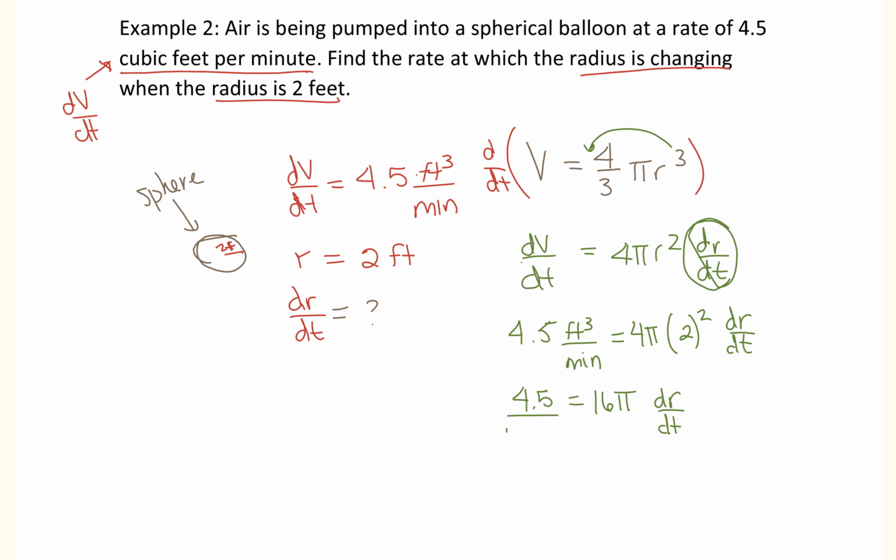I'm going to divide both sides by 16 pi, and I'm going to type this in the calculator. When you do that, make sure that 16 pi is in its own set of parentheses. Okay, so I typed that in the calculator, and dr/dt was equal to 0.09.